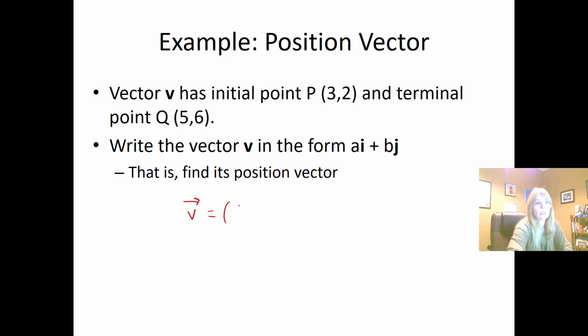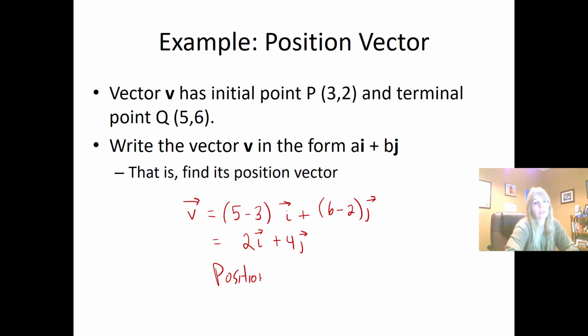I do this with the x's for my horizontal, and then 6 minus 2 for my vertical. This gives me 2i plus 4j, and thus I have my position vector with my components (2, 4).